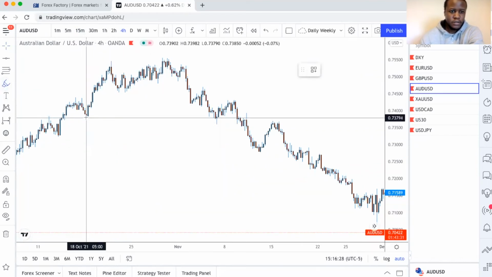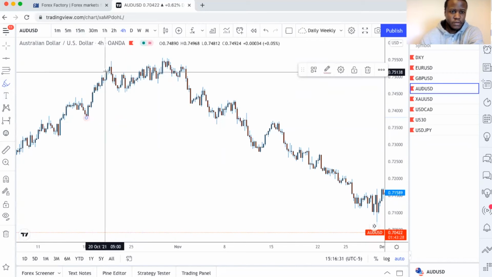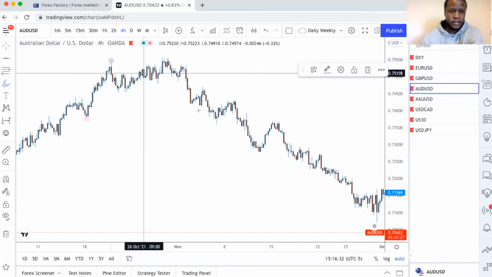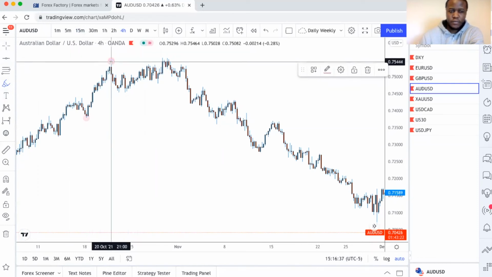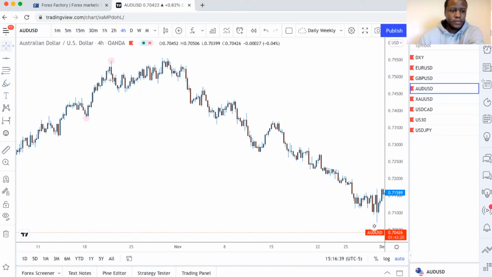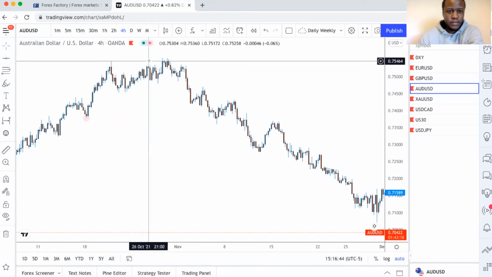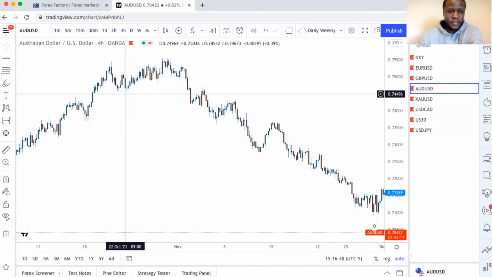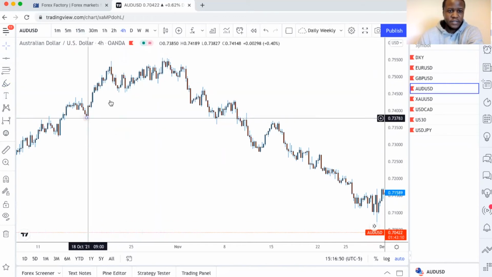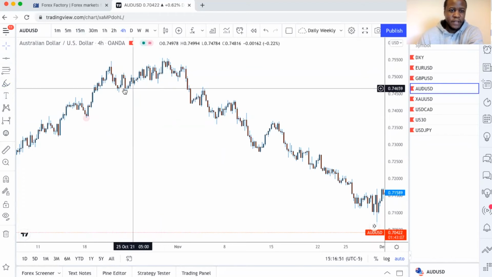So swing low, 3 pin, swing high. Let's see if the swing high is taken out. So we got actually another swing high. So this is not the last swing low. This here is not the last swing low since this was taken out. And then we have another swing low right here.